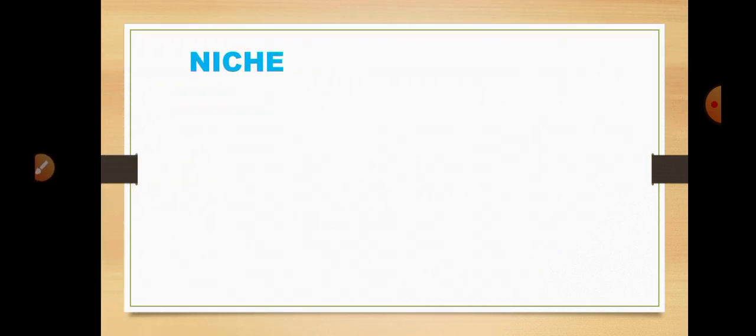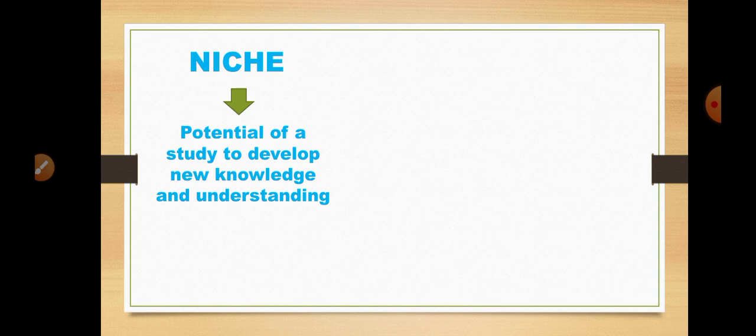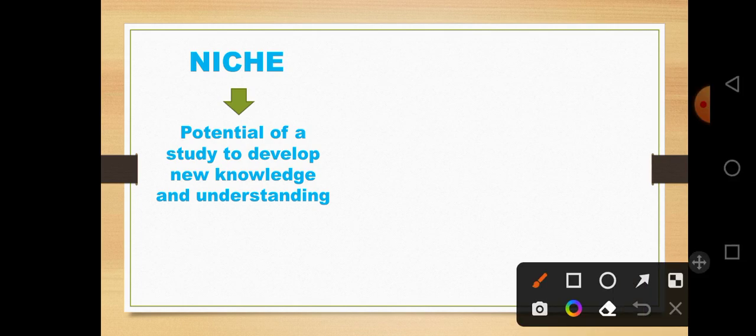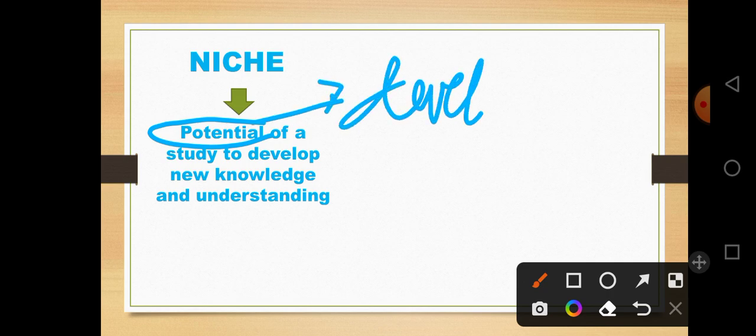Niche, in the context of research, pertains to the potential of a study to develop new knowledge and understanding. Establishing a niche in writing your research introduction means that you have to establish the potential of your study. How can it help in the development of new knowledge and understanding?